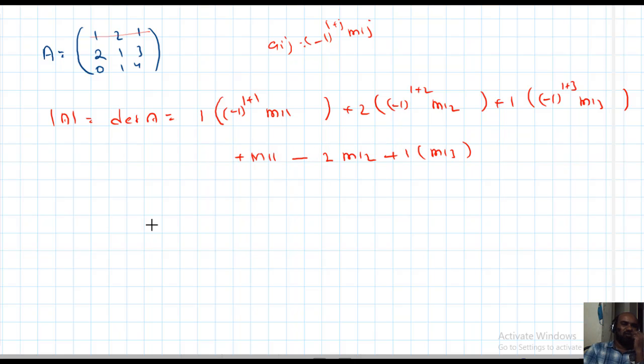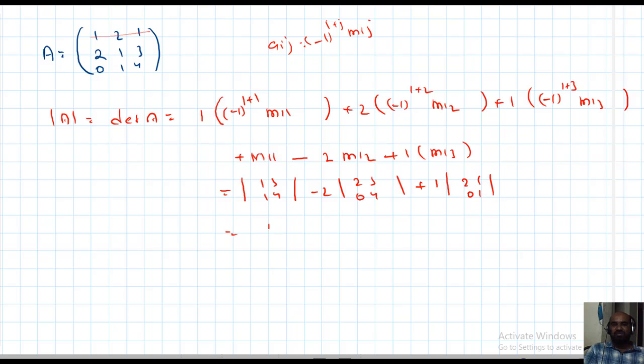Now I want to find M11. So directly I write M11 as the determinant of 1 3, 1 4, minus 2 into M12. This row and this column should be removed, giving 2 3, 0 4, plus 1 into M13, which is 2 1, 0 1.